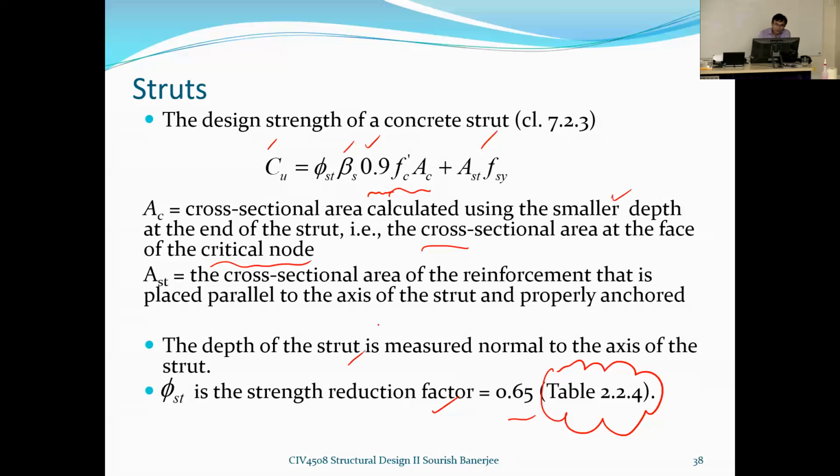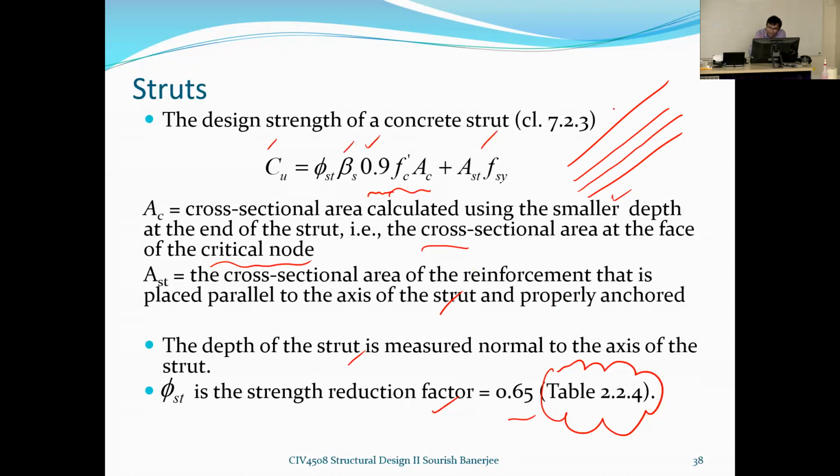Now, the depth of the strut is measured normal to the axis of the strut. We'll look into the figure. Ast is the cross-sectional area of the reinforcement that is placed parallel to the axis of the strut and properly anchored. That means if you have the strut like this, your reinforcement will also be like this.